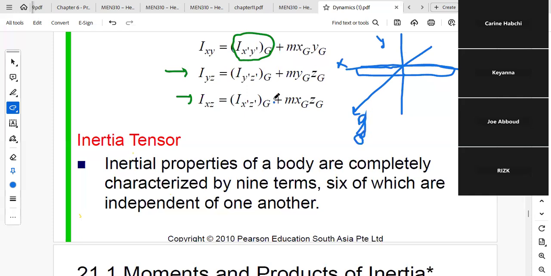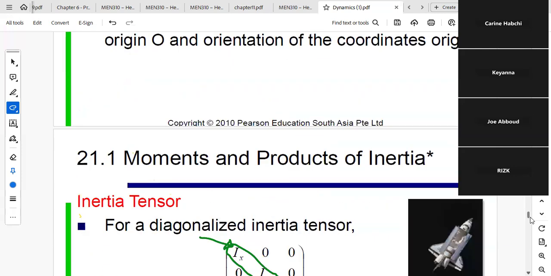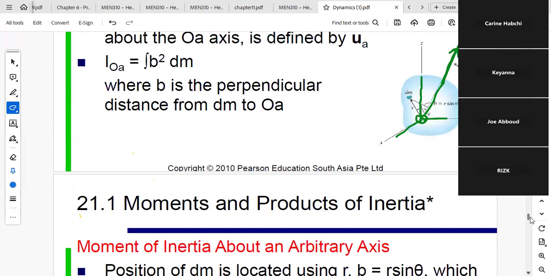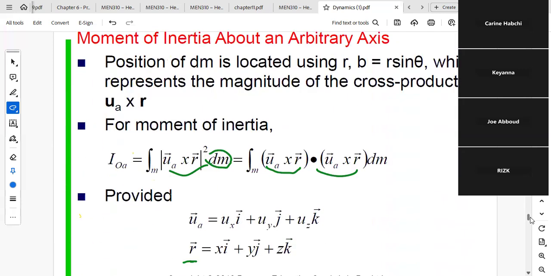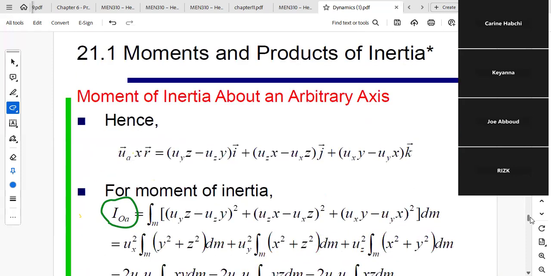So you can deduce that all products of inertia for a rod will be equal to 0 when you consider x prime, y prime, z prime passing by the center of mass. Therefore, to compute the product of inertia for each rod, you just have to do the mass of this rod times, for Ixy, xg of rod times yg of rod. In this way, you can evaluate your products of inertia and your moments of inertia, and you will be able to calculate, about x, y, z, the tensor of inertia.